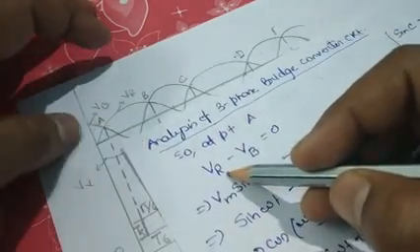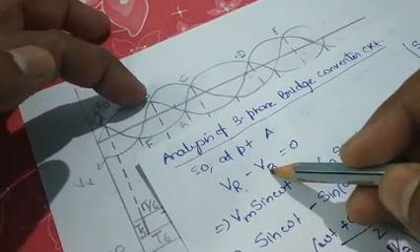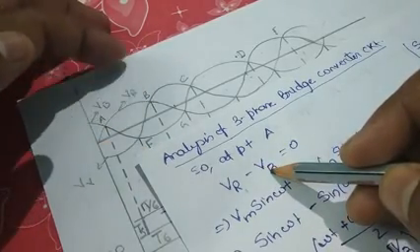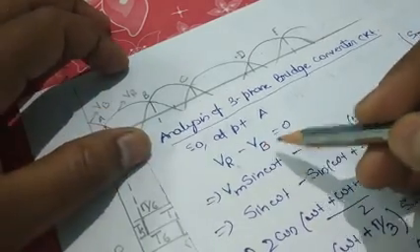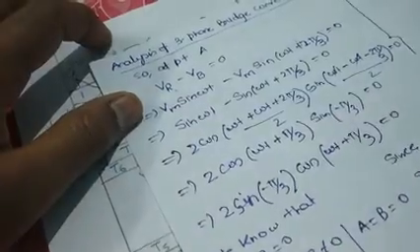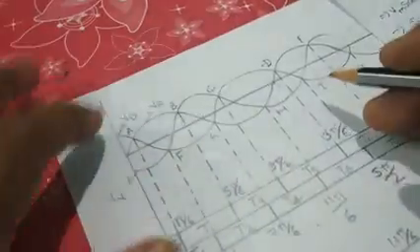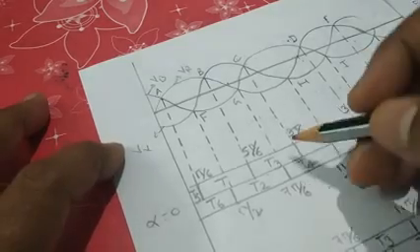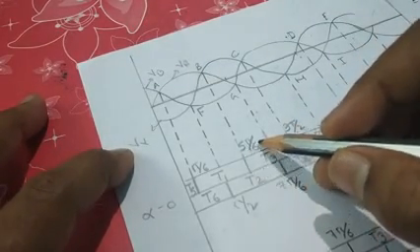Here we have VB, not VY. At point B we have VR minus VB equal to 0. Similarly, if you do the mathematical expression, the value of omega t will come to pi/6.